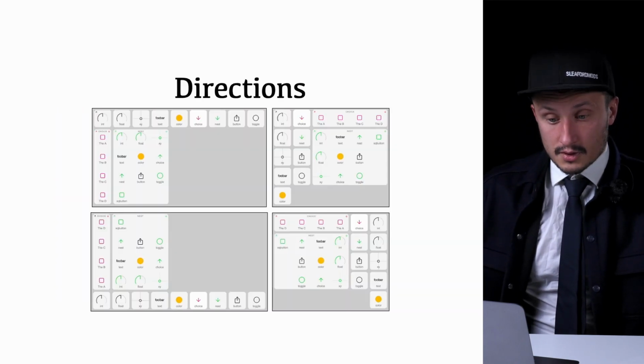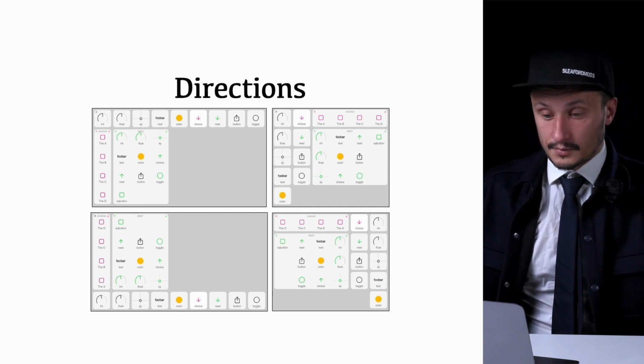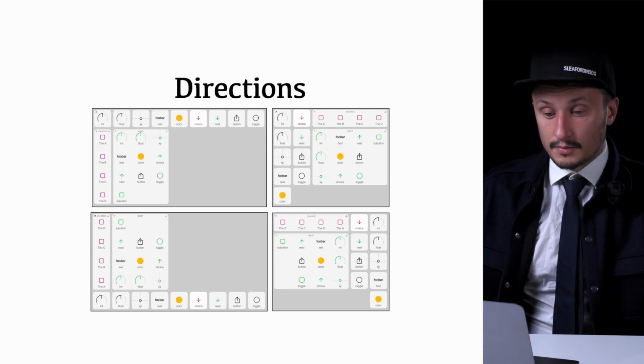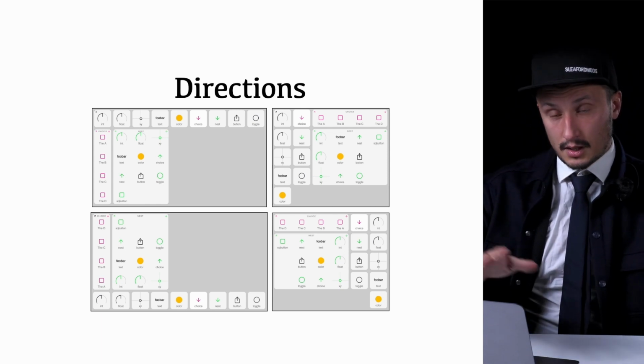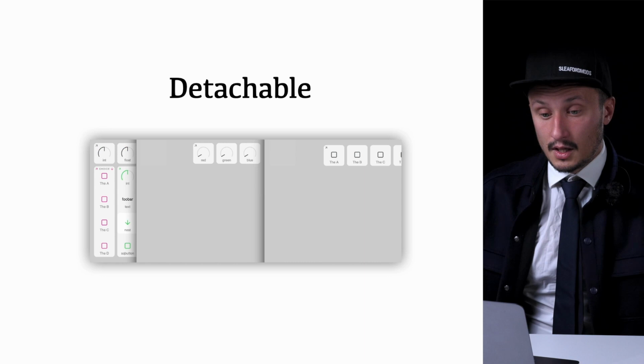But the flows of the interface are already implemented, so it can be dockable to any side of the screen. And here you may see how the controls are distributed in these cases.